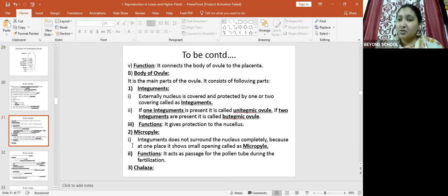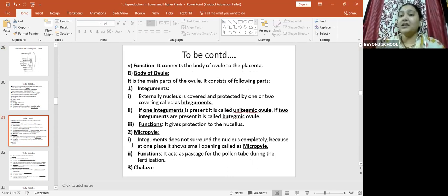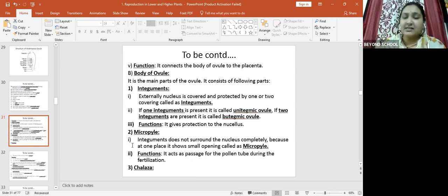Why is it so? The reason behind that is that the micropyle and the integument have a small opening at the base of the ovule, right? And when there is a small opening at the base of the ovule, we call it the micropyle. This is the reason why these integuments have a half covering.